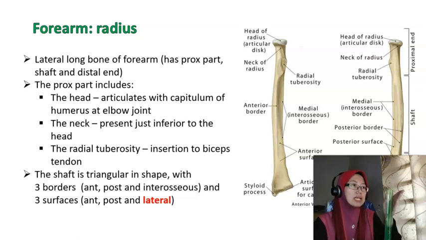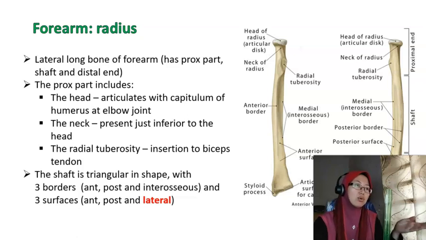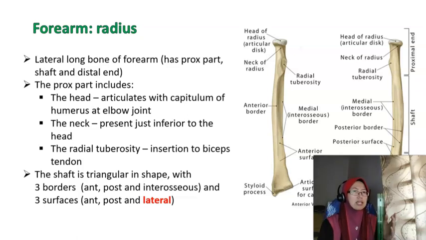For radius, it has a lateral surface because radius is the lateral bone in the forearm. So, 3 borders: anterior, posterior, and interosseous, where the interosseous membrane attaches to connect radius and ulna. And 3 surfaces: anterior, posterior, and lateral surface.